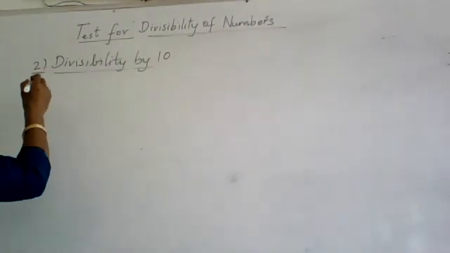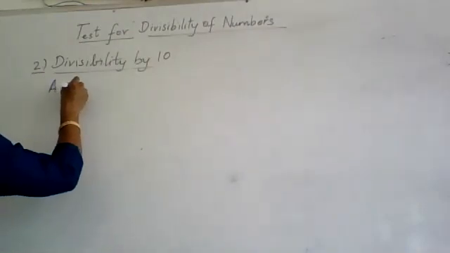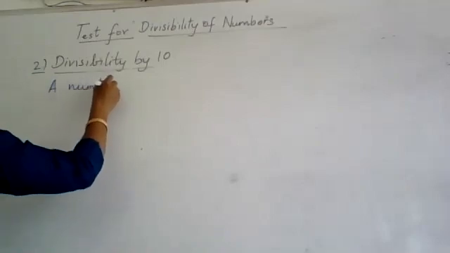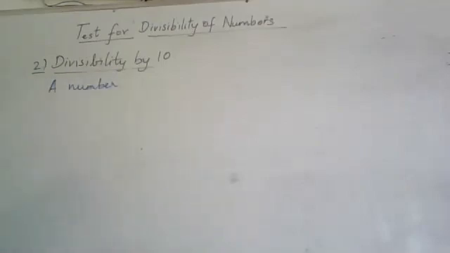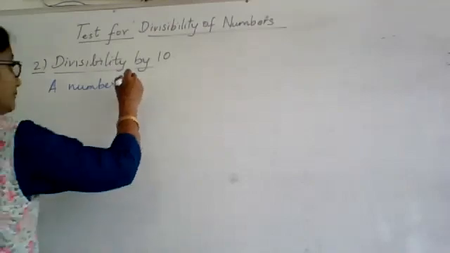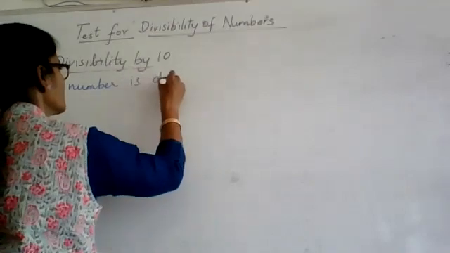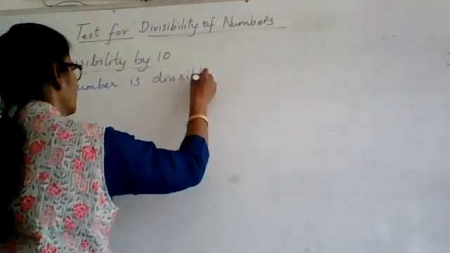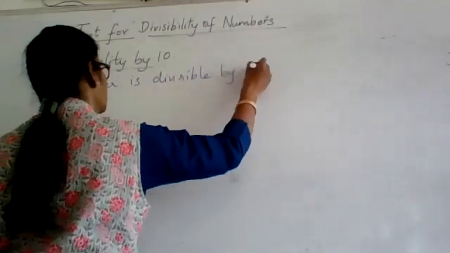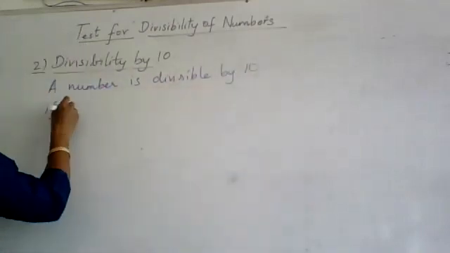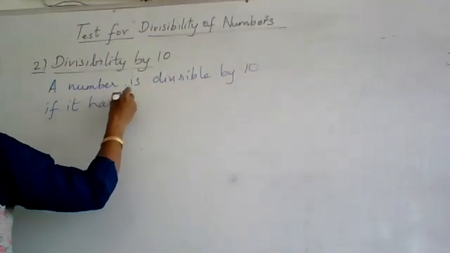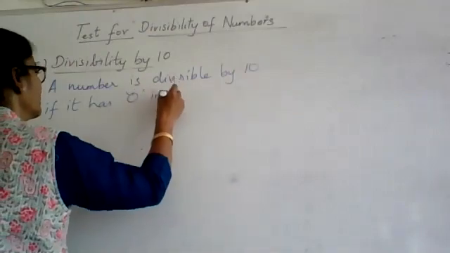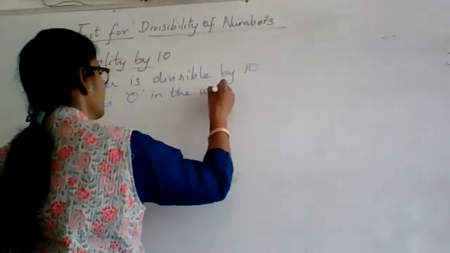So the condition is a number is divisible by 10 if it has 0 in the units place.